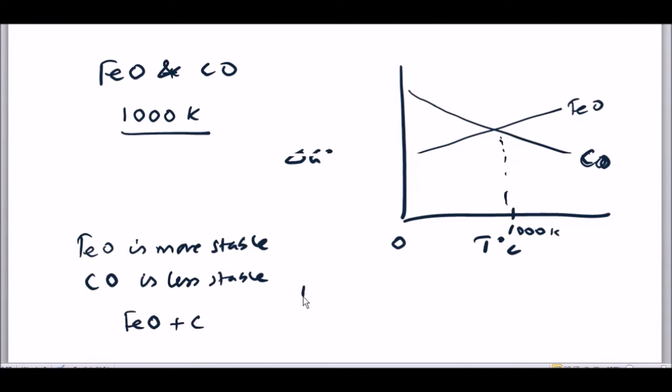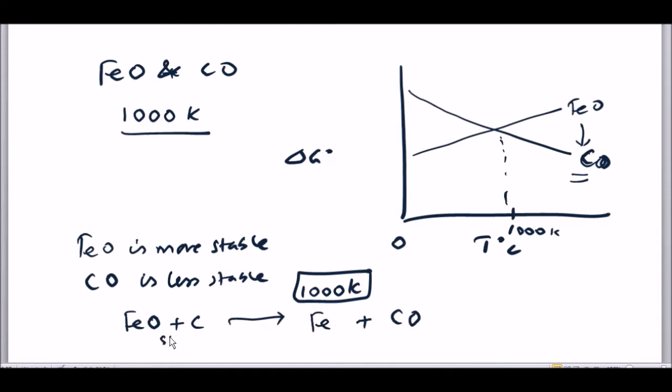But above 1000 Kelvin, you see, above 1000 Kelvin, the carbon is lying below this one, FeO. And hence above 1000 Kelvin, not exactly at 1000, FeO can be reduced by using carbon to form Fe plus carbon monoxide.